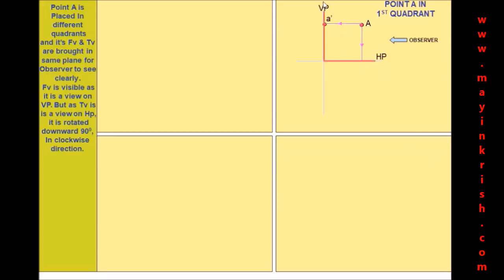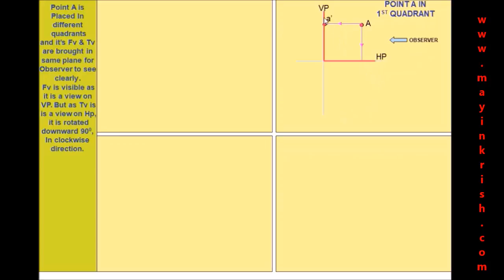Moreover, if we observe the vertical plane and the horizontal plane, they are not in one plane. As they are in two planes, it may be a difficult task for the observer. So to make it a single plane, and to observe in a clear manner, we need to rotate the horizontal plane 90 degrees in the clockwise direction itself.